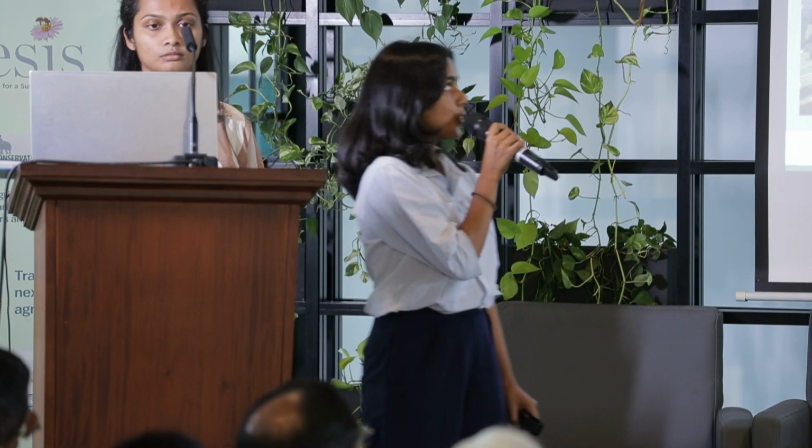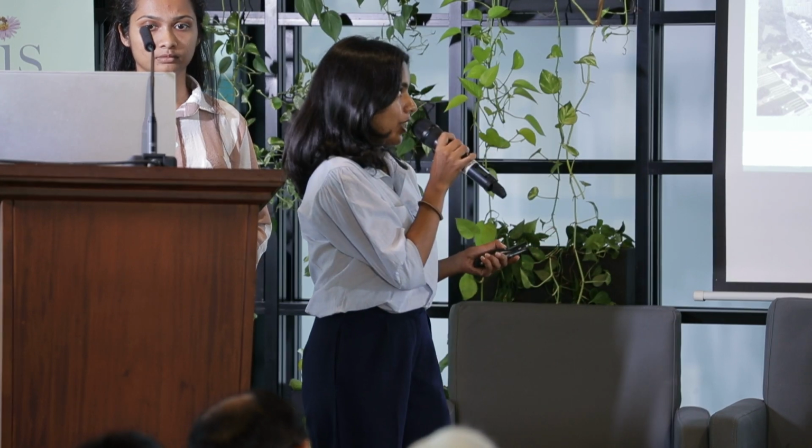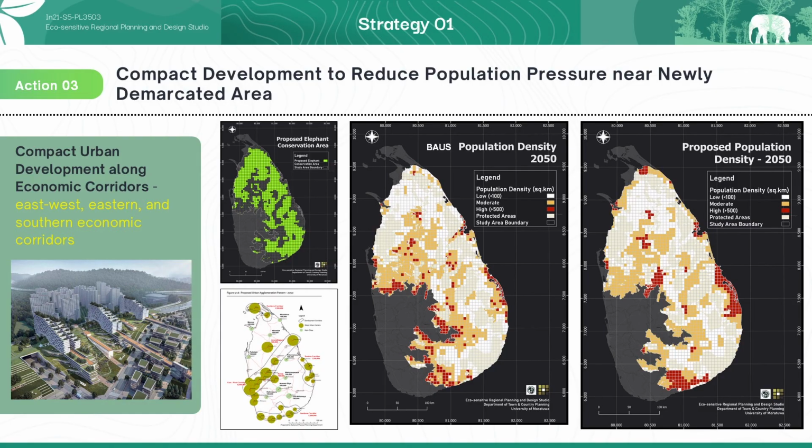In the business-as-usual scenario, population density will be like this by 2050. But to support our approach, our newly proposed population densities will be like this, shown in the right side map.